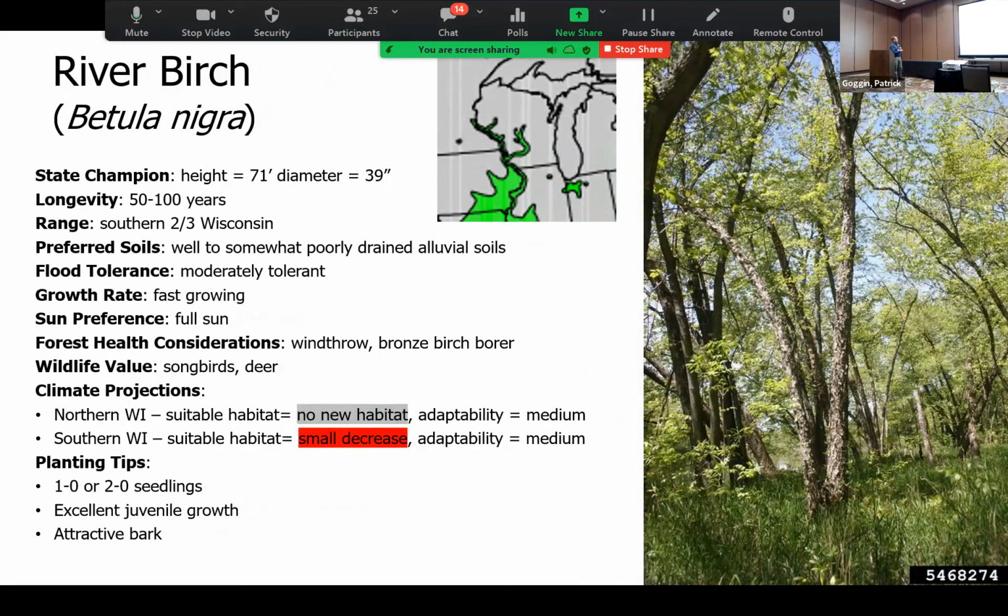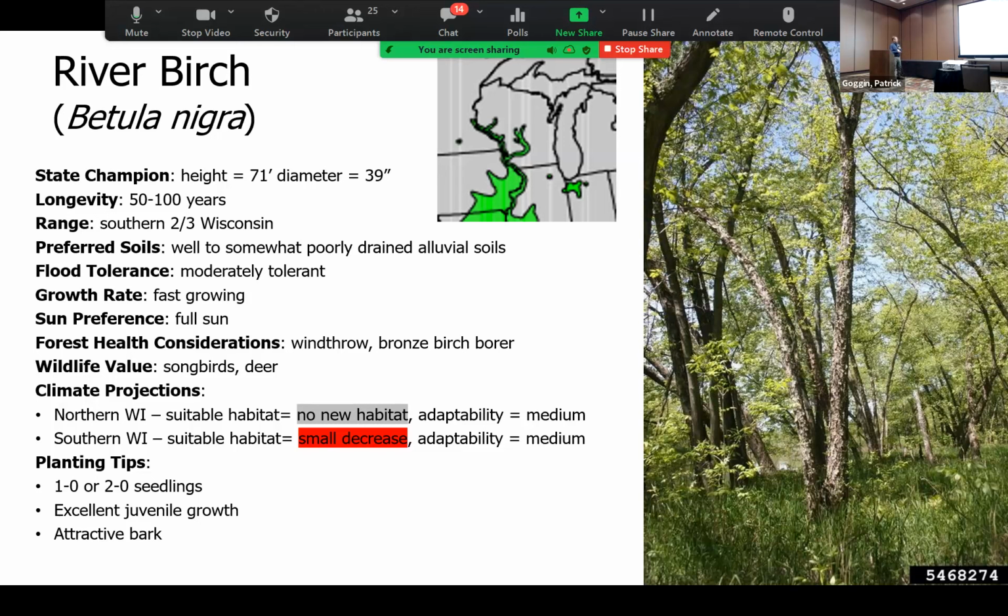But in, I would say, the southern 2/3 of the state along those floodplains, it is a species to consider. One is its plantability. Its juvenile growth rate is great. Once you get it established in the ground, it can put on 4 feet in height growth a year. So that makes it a little bit easier.